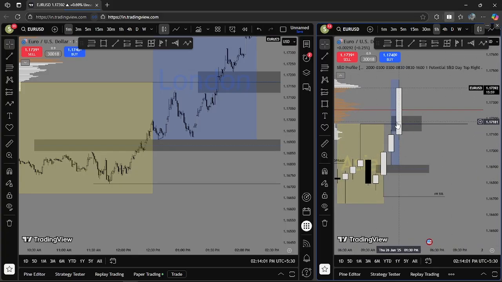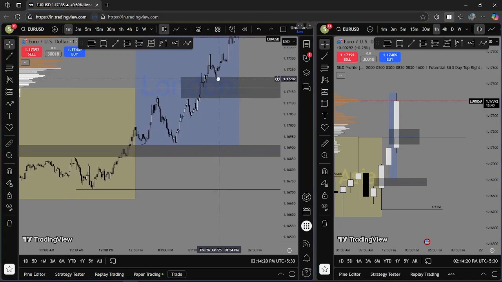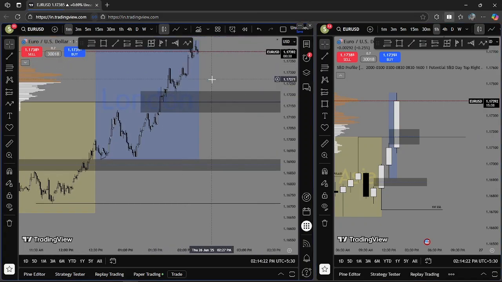By the time we are up here, a proper new type of bias forms. Now our validation and invalidation level shifts from that fair value gap to this high. How we react to that high would determine our bias for the day and for the current session, and it would also confirm our draw on liquidity.